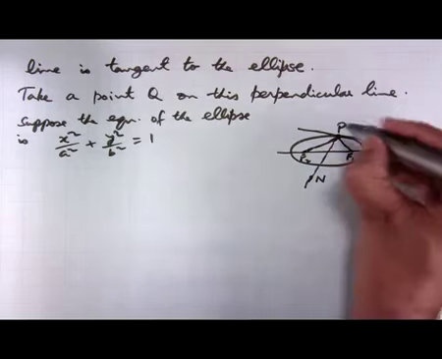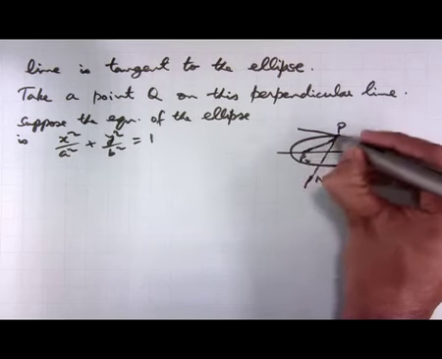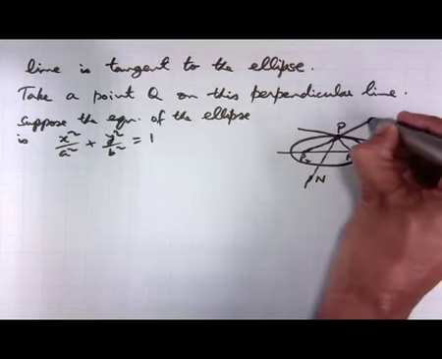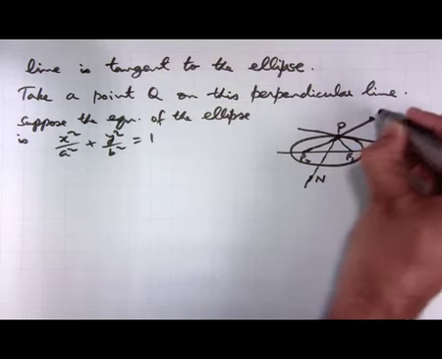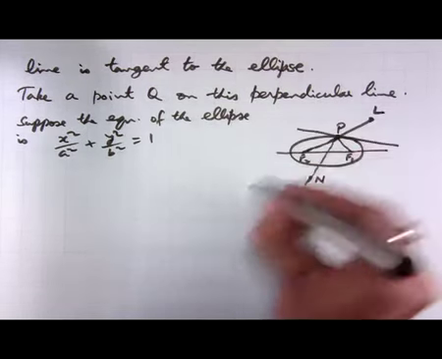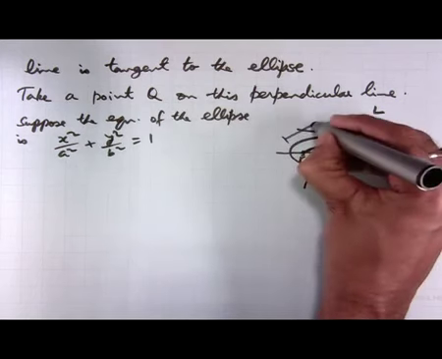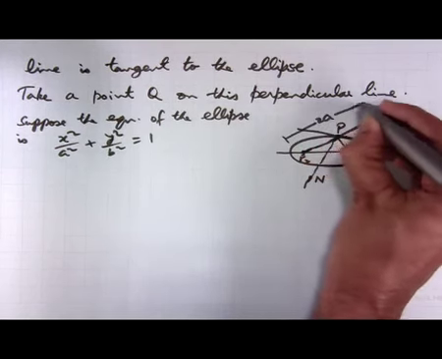Then consider a point lying on this line F2 P, which is at distance 2a from the focus F2. So, this distance P L is 2a.